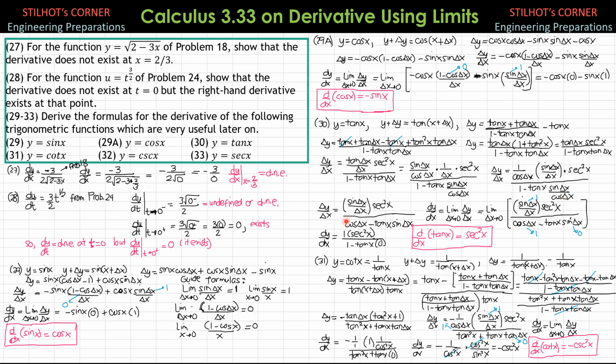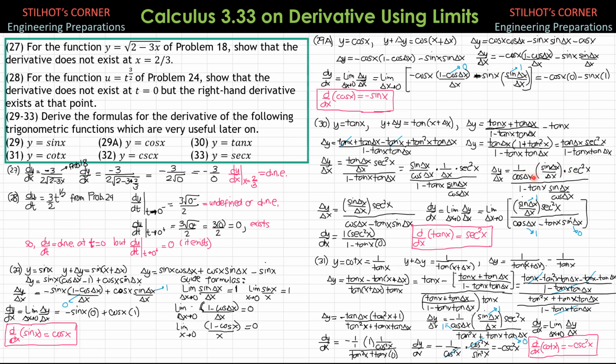So delta y over delta x is equal to dy dx, the limit of delta y over delta x as delta x approaches 0, which is the limit of this ratio because the limit of cosine delta x as delta x approaches 0 is 1.